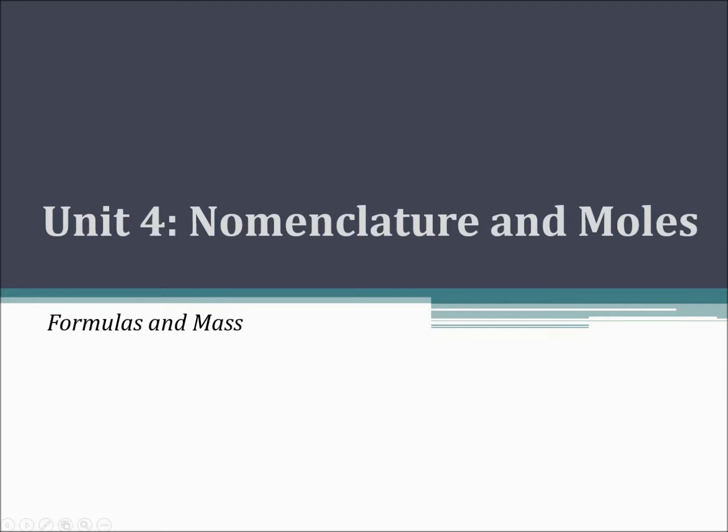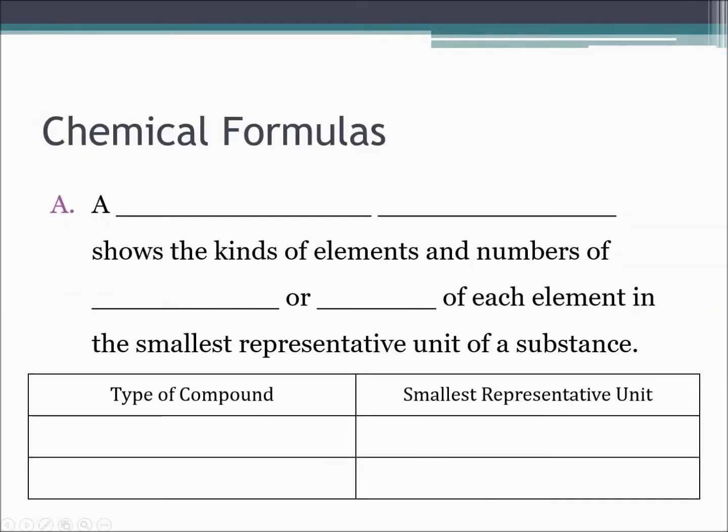In this video, we're going to talk about how chemical formulas relate to mass. So first, let's talk about chemical formulas. Remember, a chemical formula shows the kinds of elements and numbers of atoms or ions of each element in the smallest representative unit of a substance.